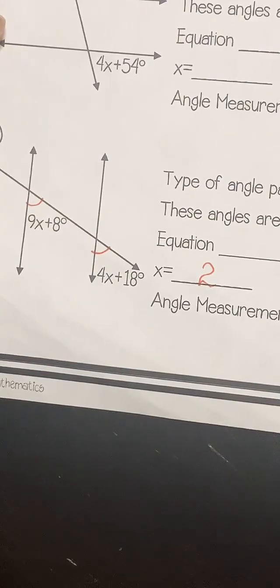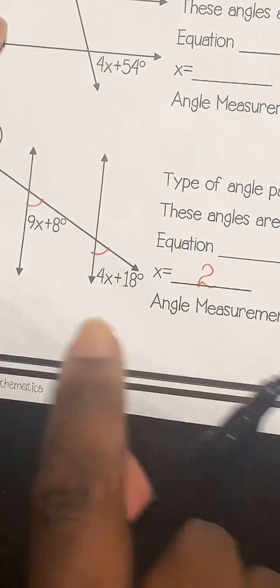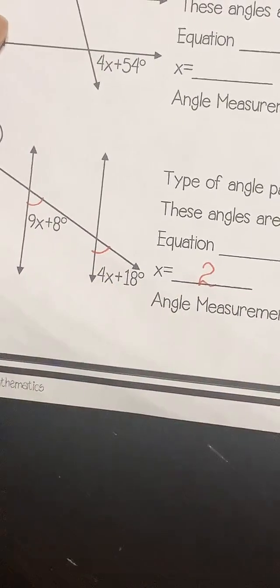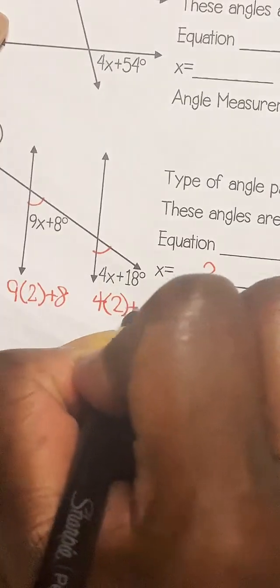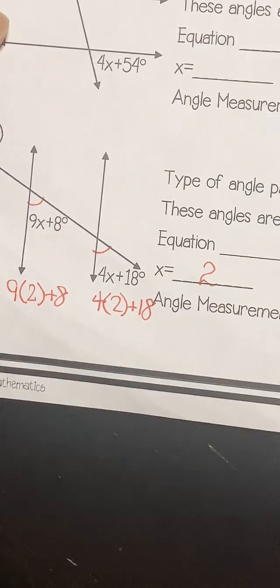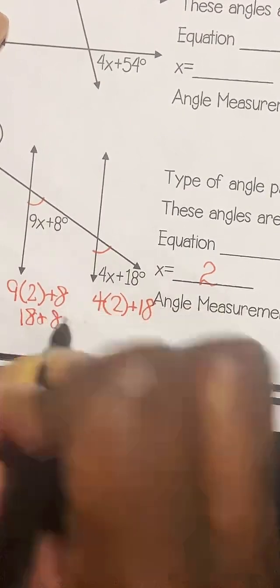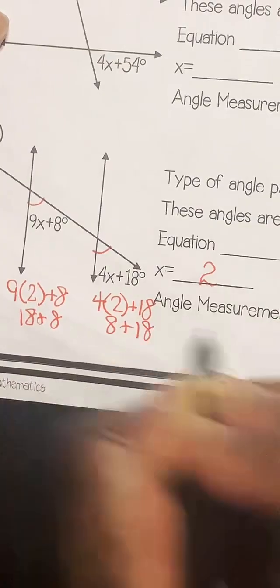Okay, so this is where some people stopped at 2, which gave me what x is. But if we want to find the angle measure, we pick one of the two. It doesn't matter. So if I said 9 times 2 plus 8, or if I said 4 times 2 plus 18. So here, I'm going to get 18 plus 8. Over here, I'm going to get 8 plus 18.